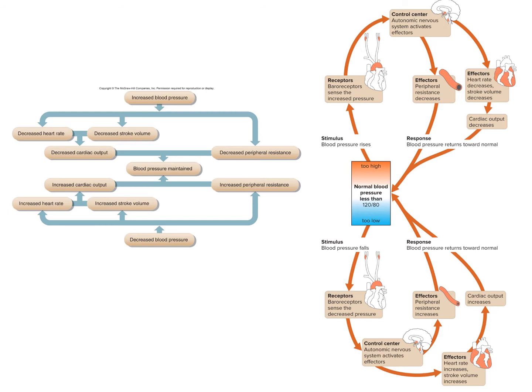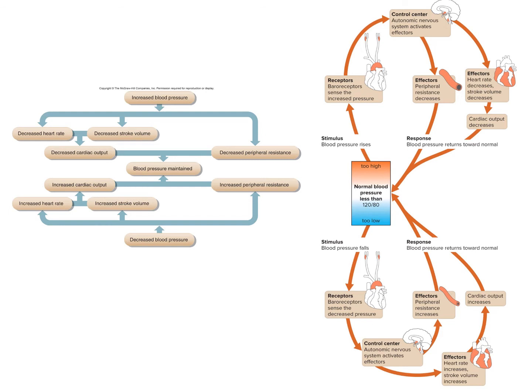That's going to result in less contraction of the smooth muscle. In other words, the smooth muscle will relax. If you relax the smooth muscle, make the lumen bigger, what does that do to the PR? Well, that reduces it. And if the PR goes down, the blood pressure will decrease. So those are some factors that help to take an elevated blood pressure and bring it down to normal.